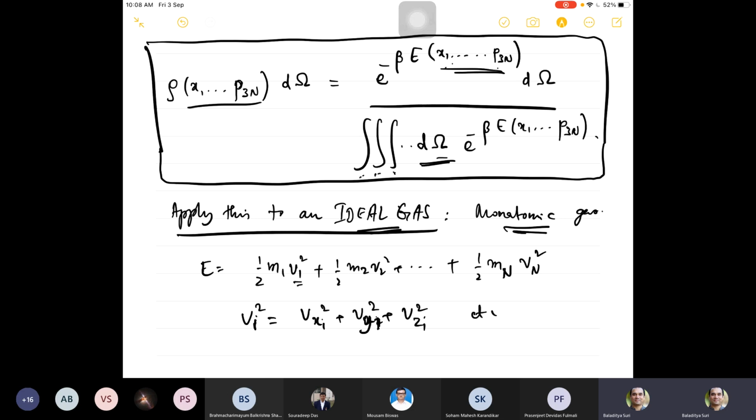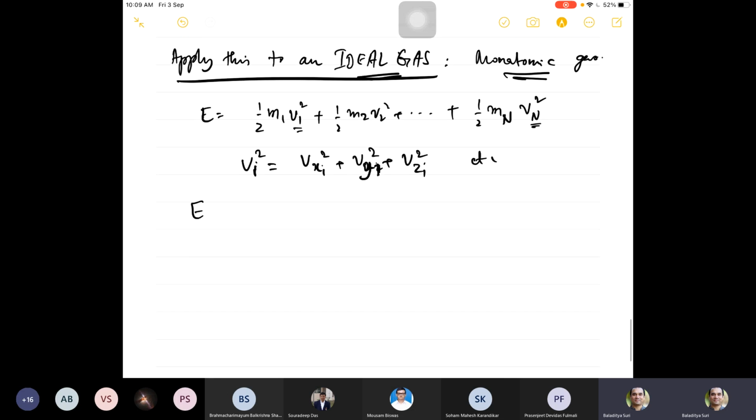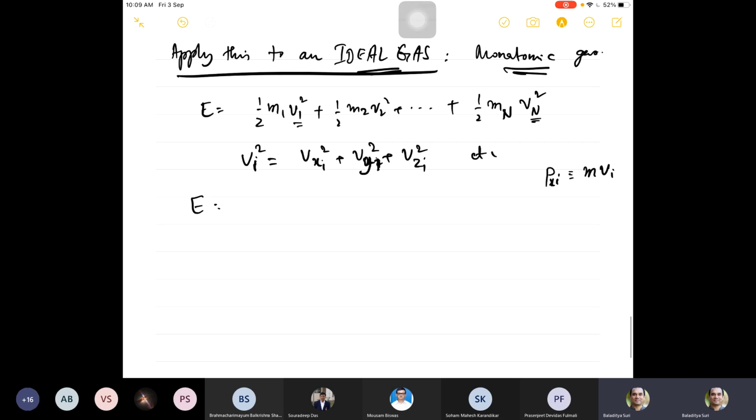So if there are n particles, this summation here, and we can also write this in terms of the momenta, noting that pxi is m vxi. So we can write this as px1 squared by 2m1 plus py1 squared by 2m1 plus pz1 squared by 2m1.